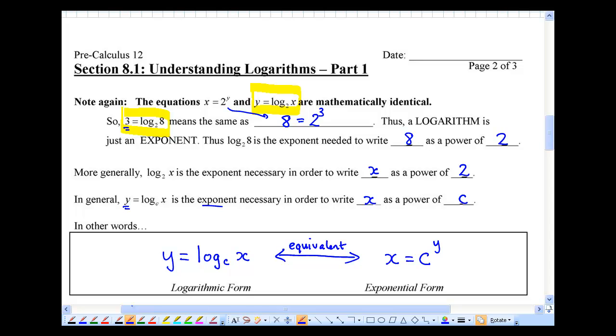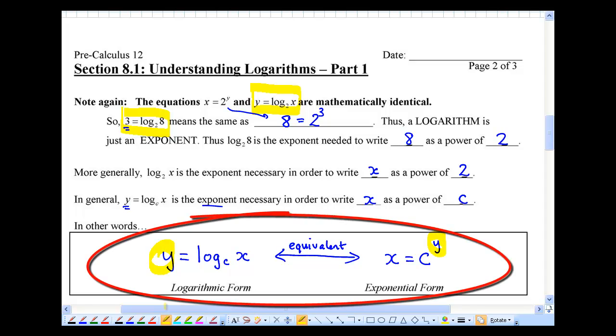Okay, so the three parts, okay, once again, y, that's the exponent, okay. We've got the base c, and here's base c, and then we have the number, which is x. Well, that's just the number over here. Okay, this is called logarithmic form, that's exponential form, and that's what you need to know for today.